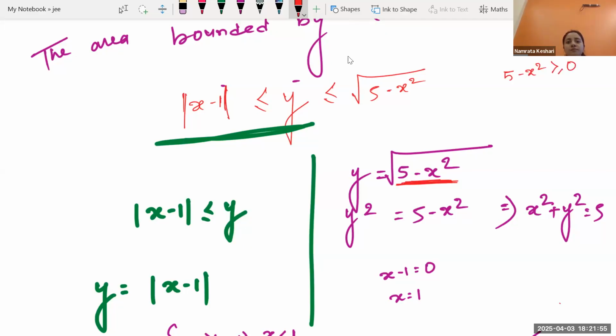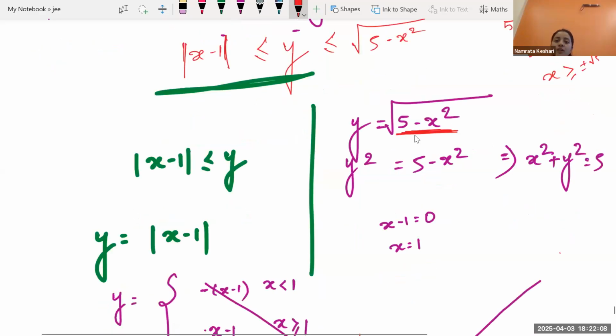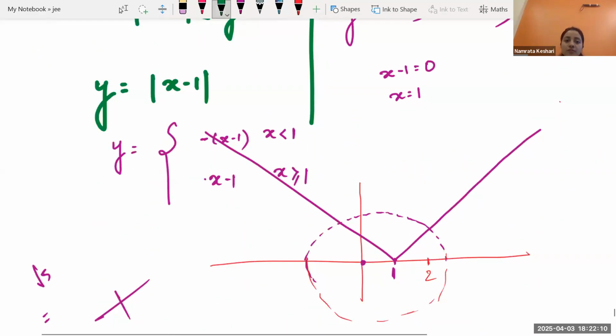So x lies between minus root 5 and plus root 5. So basically this is the part we will have, this part and this line.